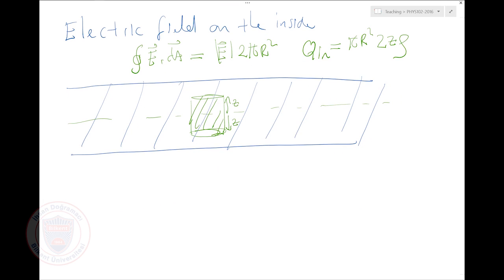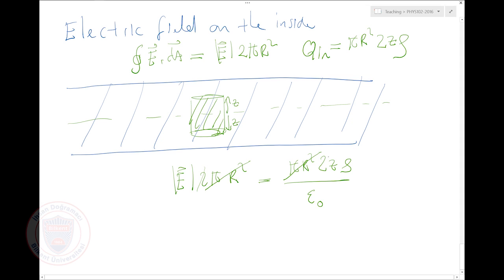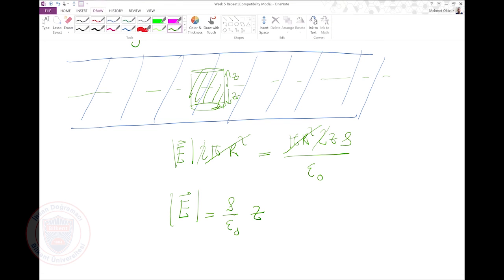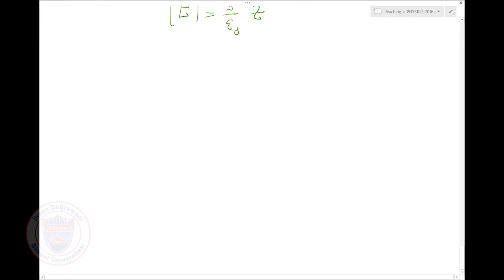So Gauss's law tells me that E magnitude 2 pi r squared is pi r squared 2z rho over epsilon 0. Pi r squares cancel, 2's cancel. So E magnitude is apparently rho over epsilon 0 times z. This is for z magnitude less than d over 2.